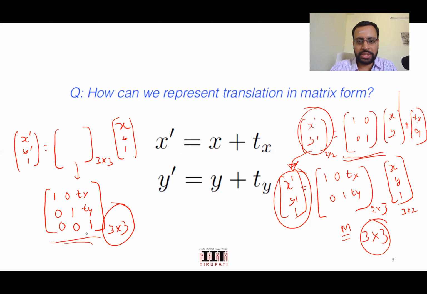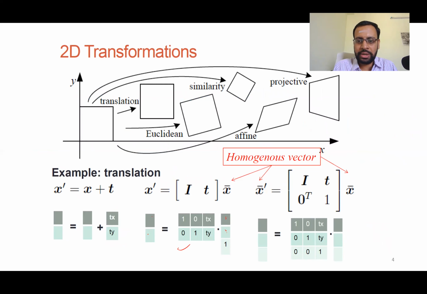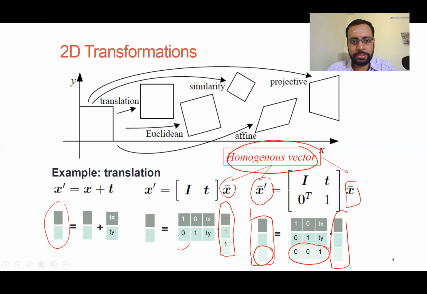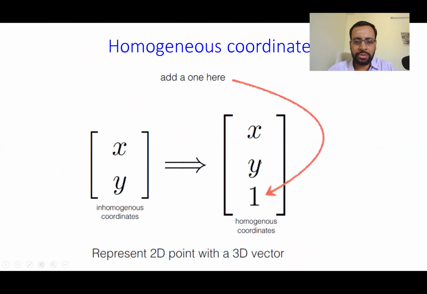So let me come back to this slide. You could see that 0, 0, 1 got added here. Earlier there were 2 elements, and you additionally added one more element. These vectors, of length 3 for a 2D image, are referred to as homogeneous vectors, by adding 1 here.